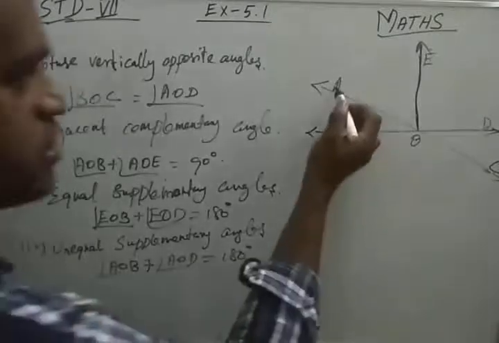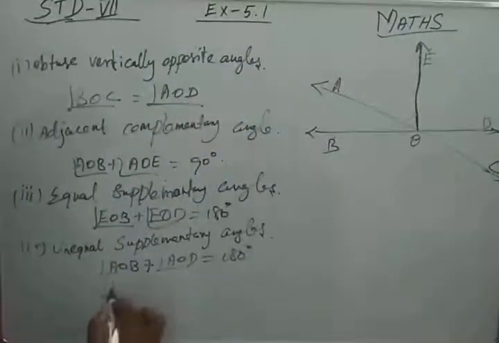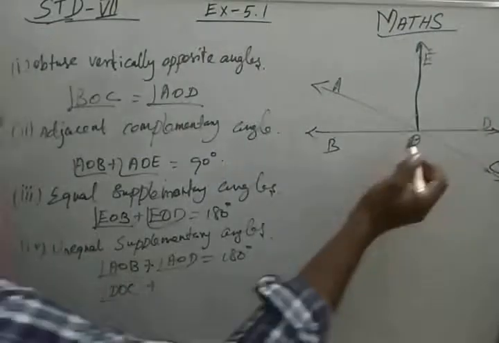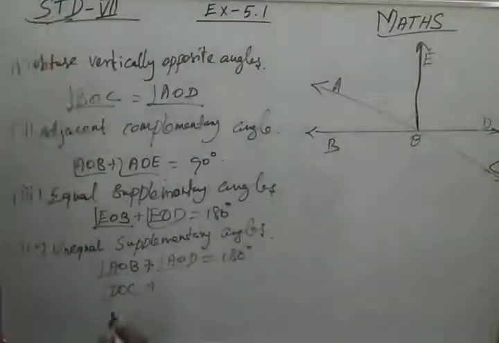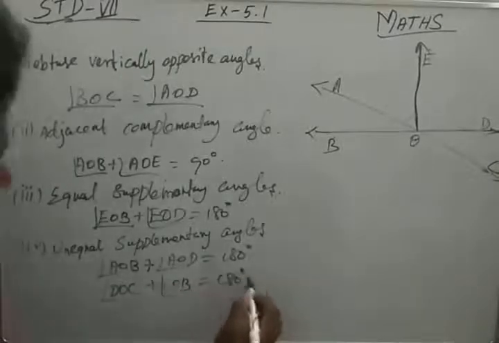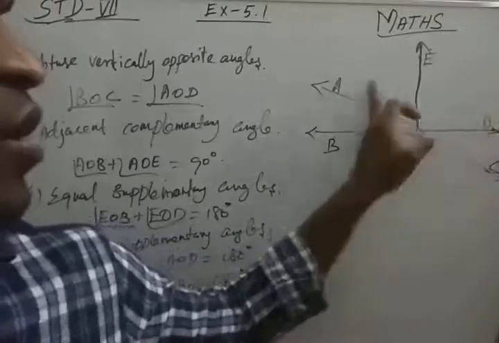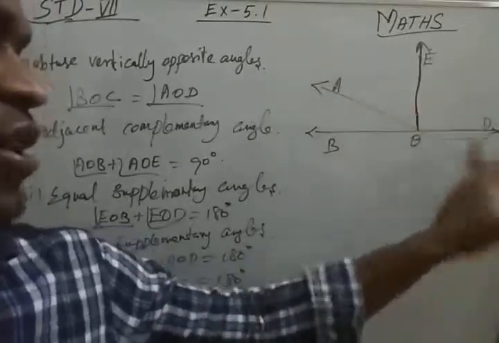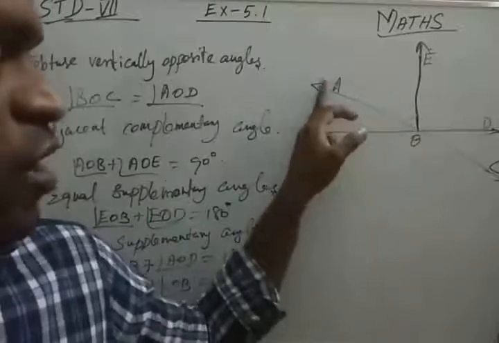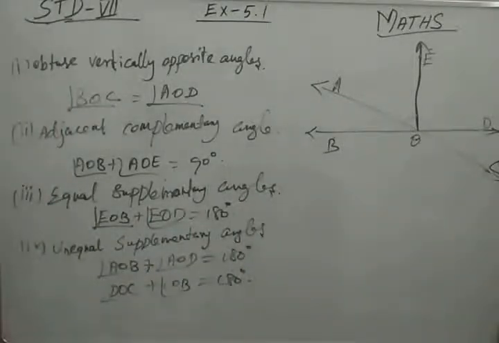One more we can say: angle DOC plus angle COB is equal to 180 degrees. Okay. This line we have taken first, this one AOB and this one, and the same with DOC, as well as this line also, AOB plus BOC. You can take four lines and write according to that.